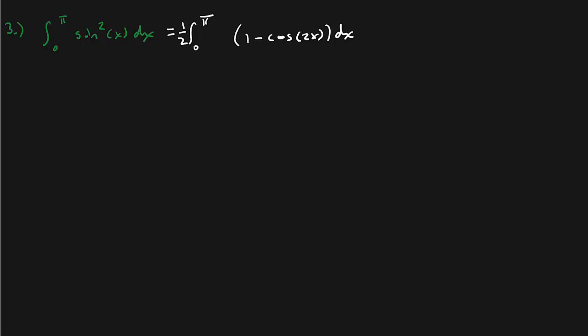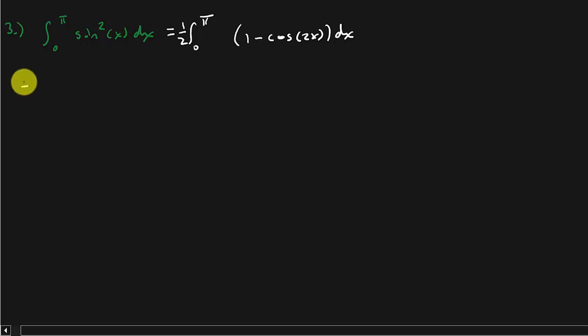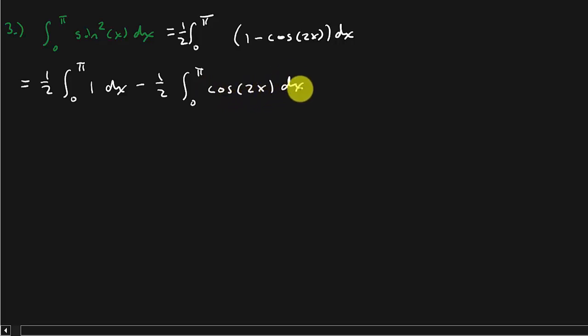You can do that in your head, but let's say you need to use your substitution here. What we want to do is write this as 1/2 integral from 0 to pi of 1 dx minus 1/2 integral from 0 to pi of cosine 2x dx.